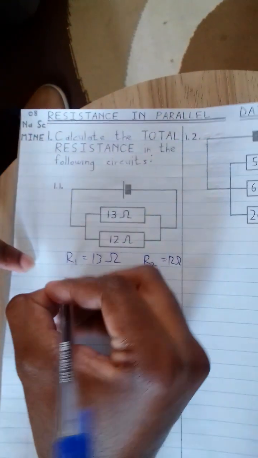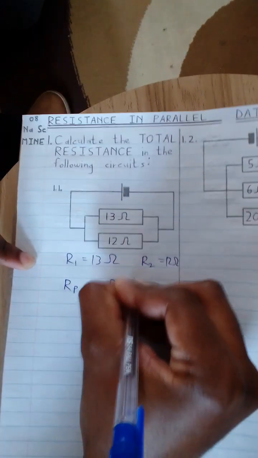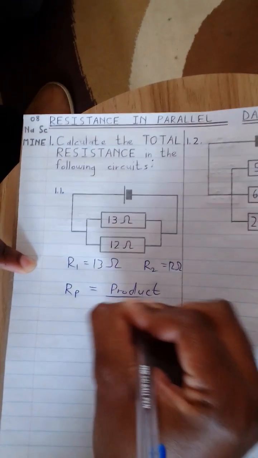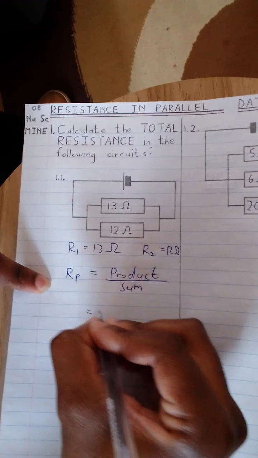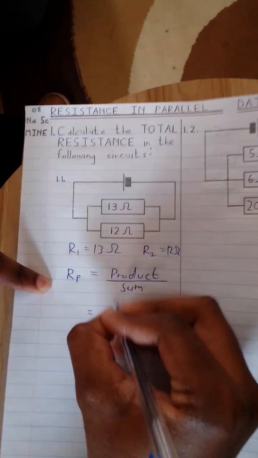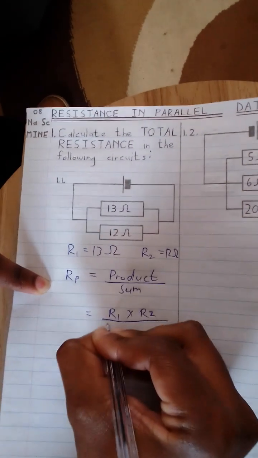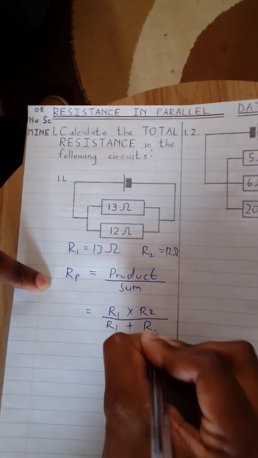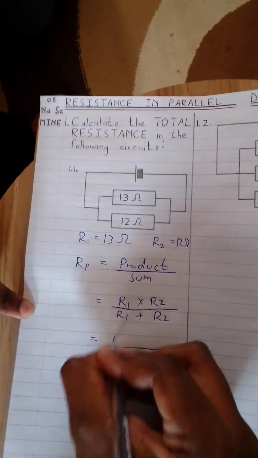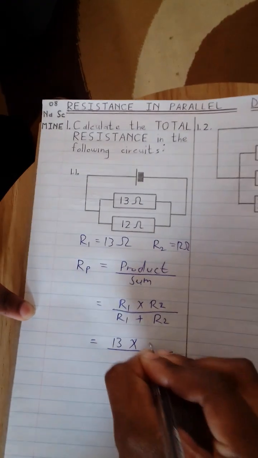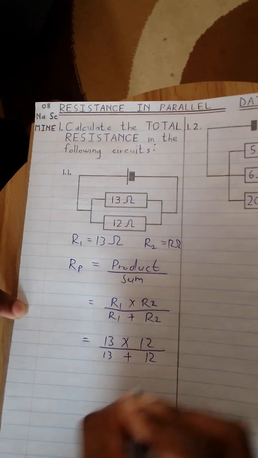So it's going to be Rp is equal to product over sum, right? Product is R1 times R2, sum is going to be R1 plus R2. R1 is 13, R2 is 12. 13 plus 12.